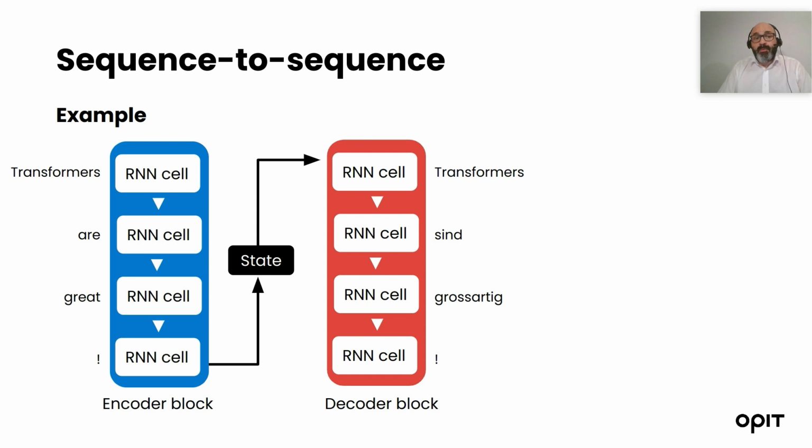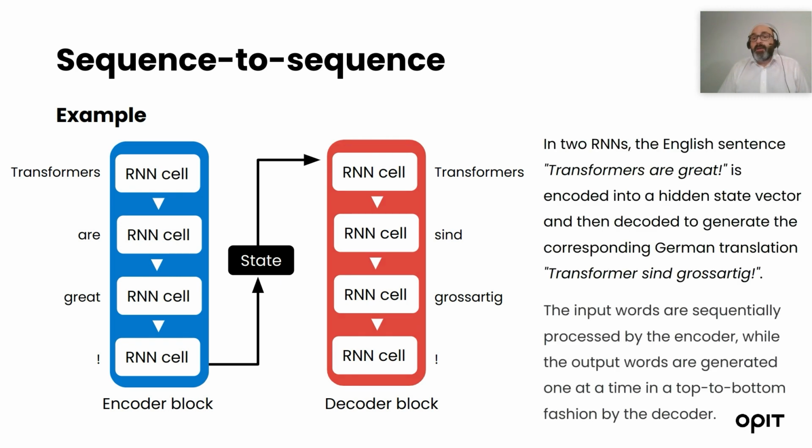This is an example where a recurrent neural network takes as input an English sentence, such as "transformers are great!", and through the hidden state passes this to the decoder network that translates the sentence into German. The input words are sequentially processed by the encoder, while the output words are generated one at a time, in a top-to-bottom fashion, by the decoder.